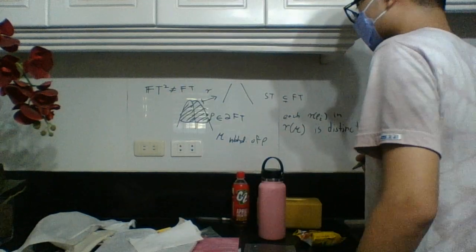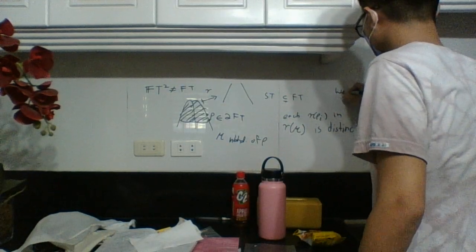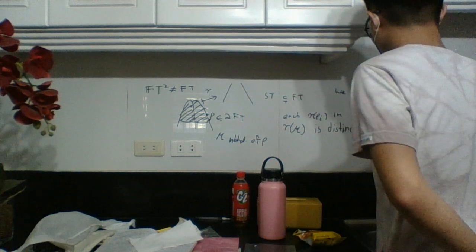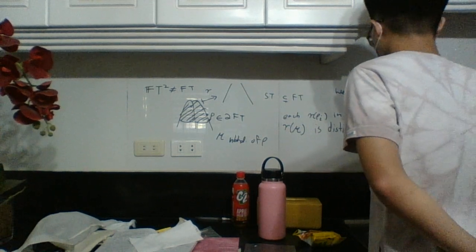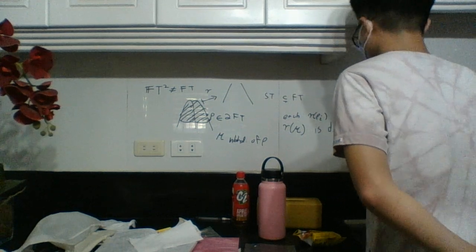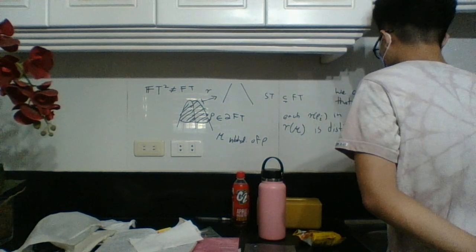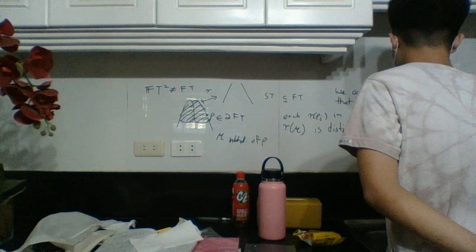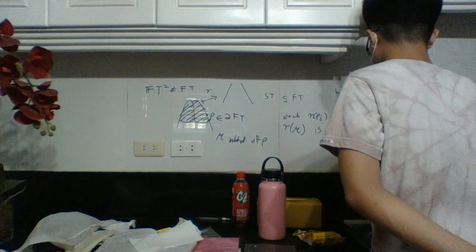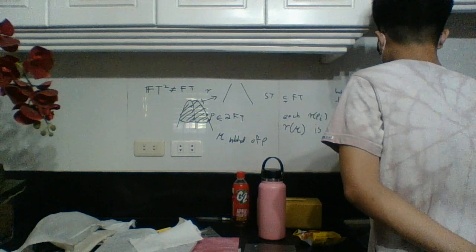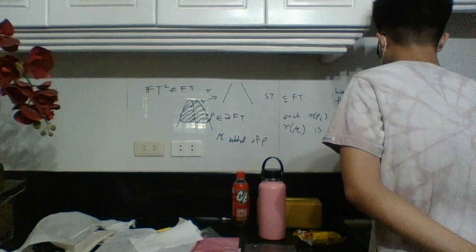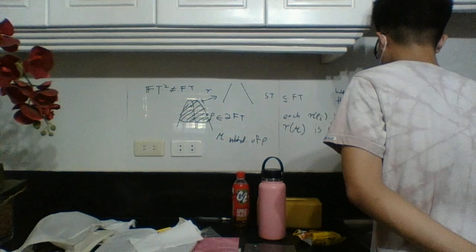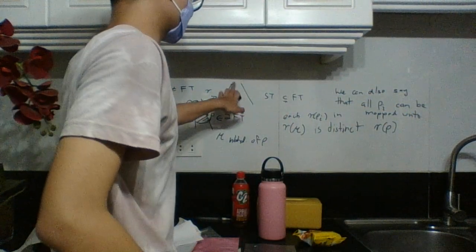However, we can also say that all rho_i can be mapped onto the original image, R of rho, which is along the stick.